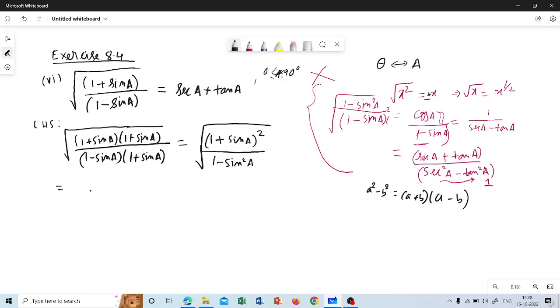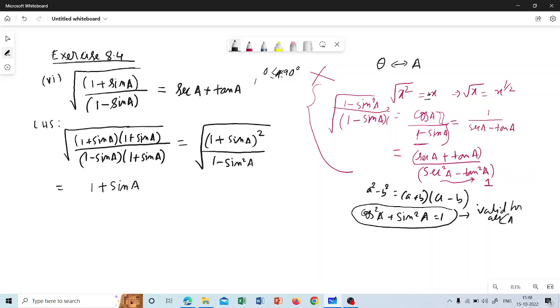So what will happen is that now 1 plus sine a is the numerator, so we remove the square root in the numerator. But the denominator again, if I use the formula cos square a plus sine square a is equal to 1, this is a universal identity, valid for all a.